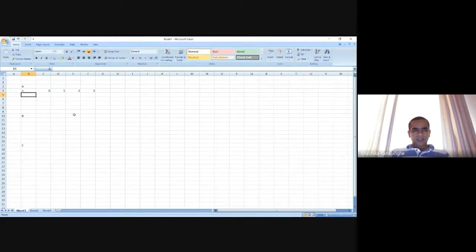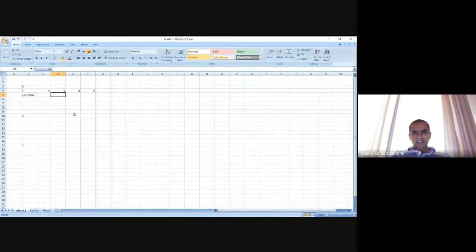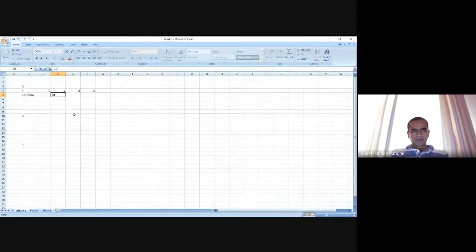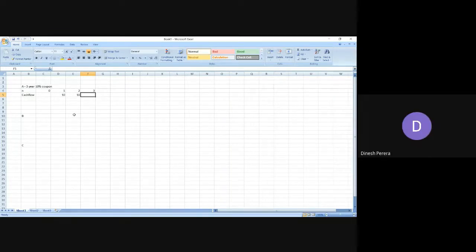And cash flows, say coupon is 10%. It's a 3-year bond with a coupon of 10%. That means third year, how much do you get? 110. What is the third year cash flow? 110. Very good.